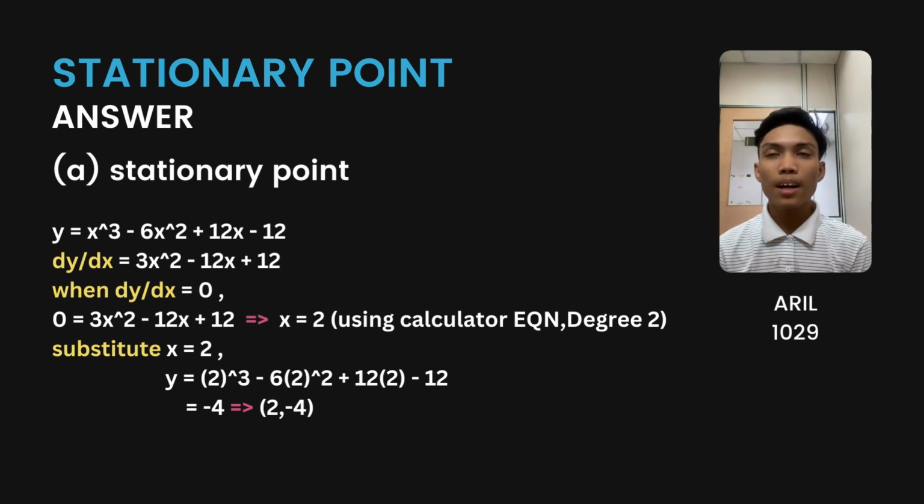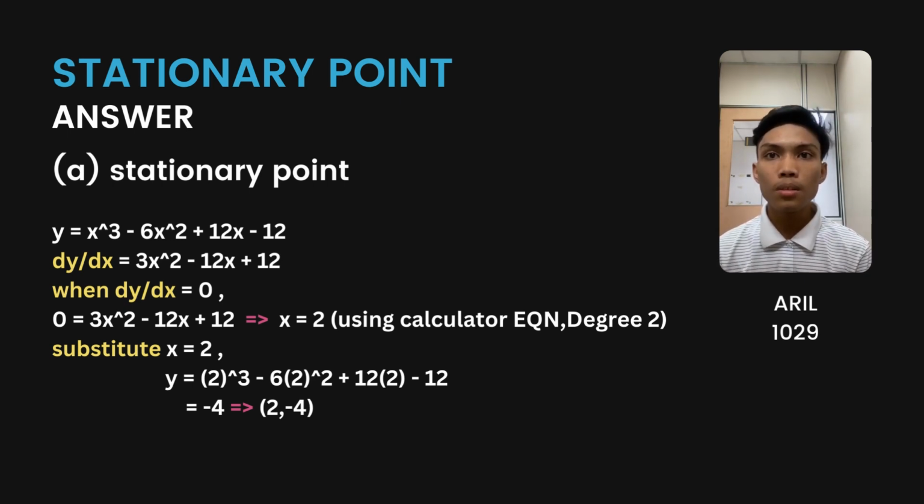Okay, so I will find the stationary point of this question. Firstly, we must differentiate the question. So, dy/dx equals 3x power of 2 minus 12x plus 12. When dy/dx equals 0, we must use the calculator equation mode to find the value of x. From the calculator, we only have one x.